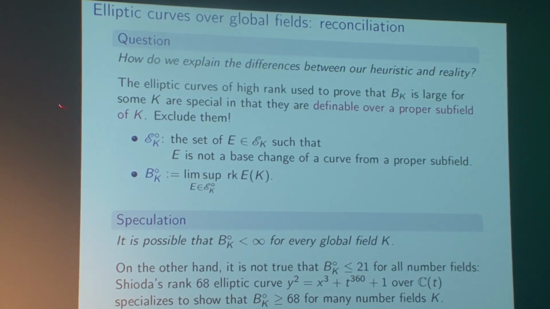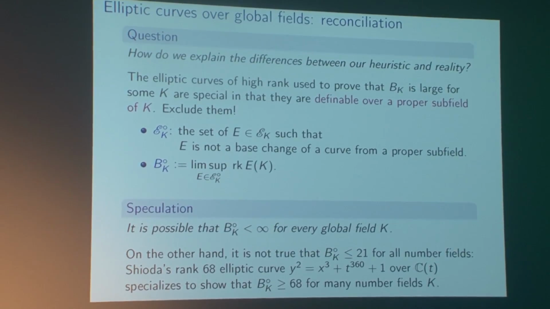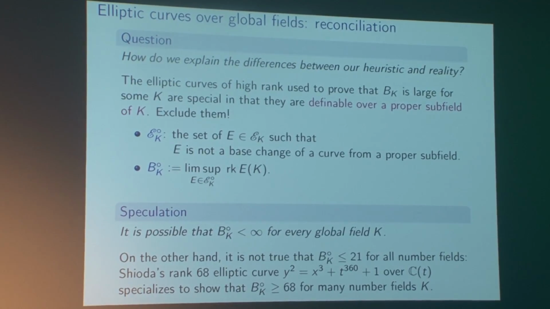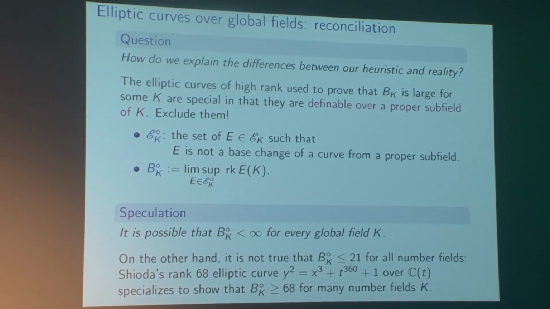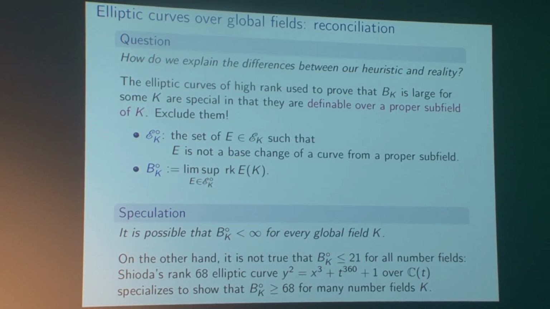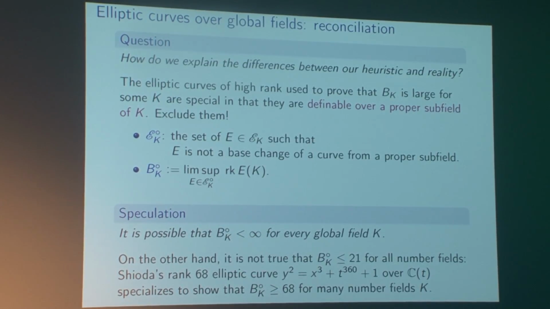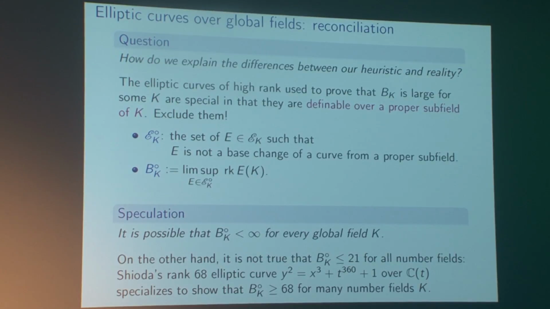But what's special about the elliptic curves of high rank used in those proofs is that they're always elliptic curves that actually come from a subfield of the number field or global function field. What you do is you start with an elliptic curve over Q, and over this big anticyclotomic field, the elliptic curve is really defined over Q, but it's only over the field extension that it acquires high rank.